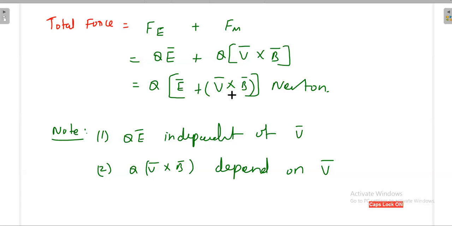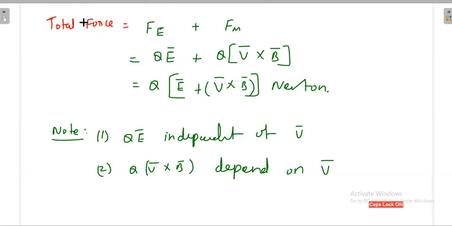Once you have an oscilloscope display, this is all based on these formulas only. The electrons will be deflected with the help of the magnet present in the oscilloscope. Then finally you will get a particular signal like a sine signal or cos signal. That is available in measurement and instrumentation.